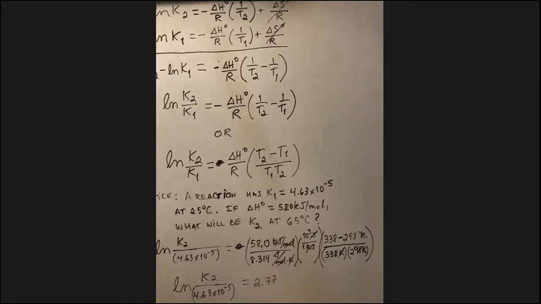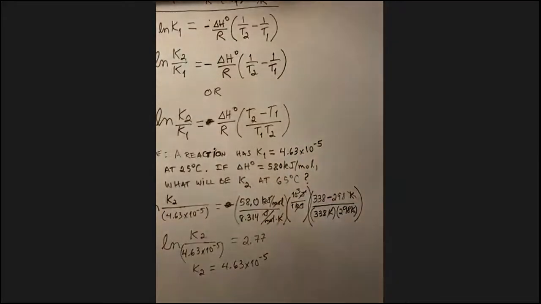So that means that K2 is going to be 4.63 times 10 to the minus 5. Oops, I lost my space there, sorry. Times e to the 2.77. Hopefully your calculators can do that.